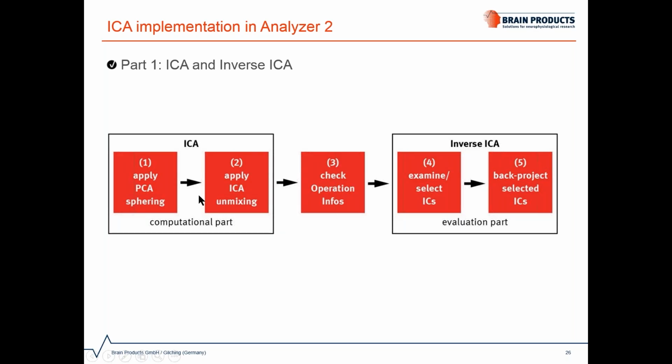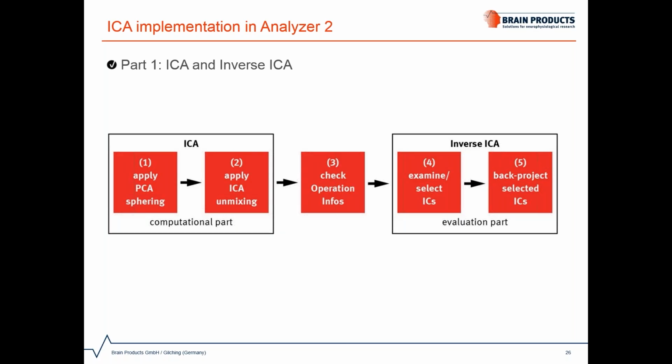The computational part is again broken down into the sphering with PCA to apply the ICA unmixing, and the evaluation part again into examining and selecting the ICs and back projecting selected ICs. I will talk you through all of these steps, and then we will check the dialog and options of the ICA and inverse ICA transformations on the way.